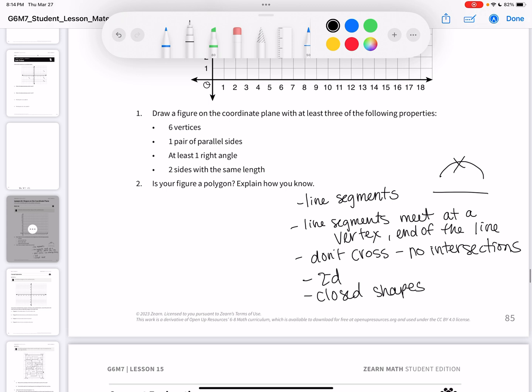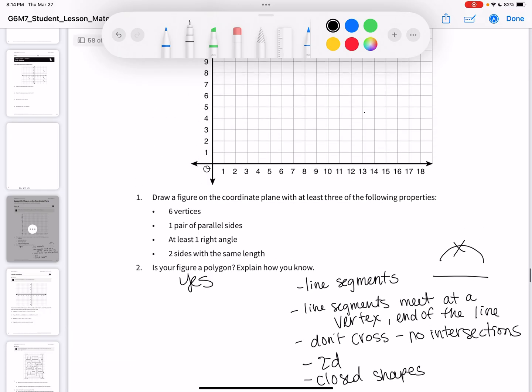Okay, so ours is a polygon. Yes, even though it got deleted. What is not a polygon is something that looks like this, right? If we just had this section here, I would say, yes, that's a polygon. But we don't because we have these lines there. And they cross and they're open right here.